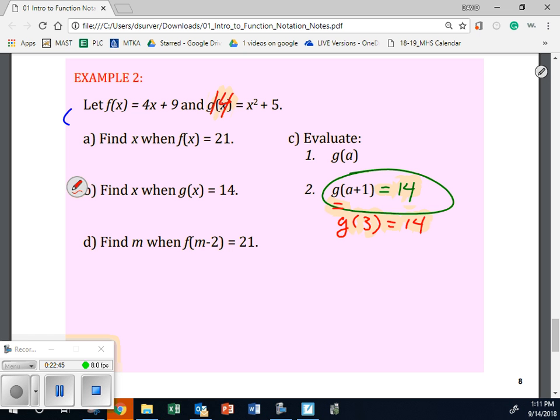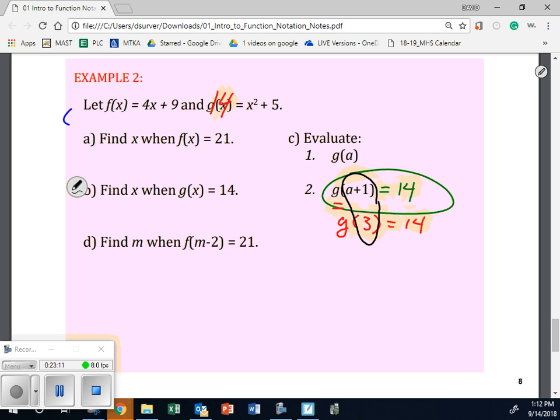So now that I've got that, a child of age 8 can do that. What's a got to be then? A must be 2. Yes? Because the 14 equals x squared plus 5, and because x also equals negative 3, wouldn't you also have to give negative 3?